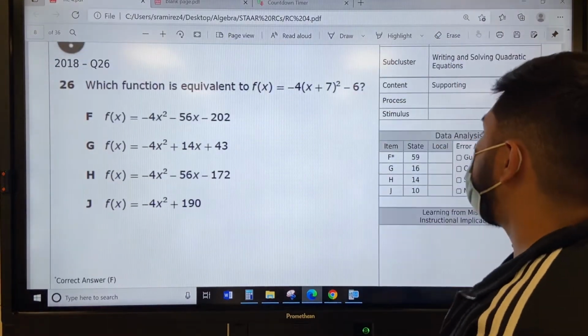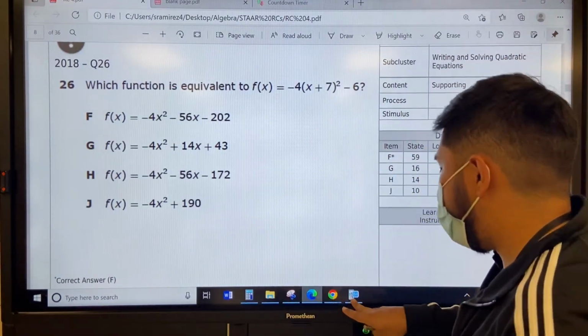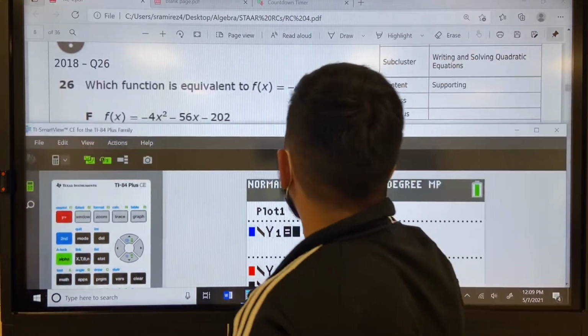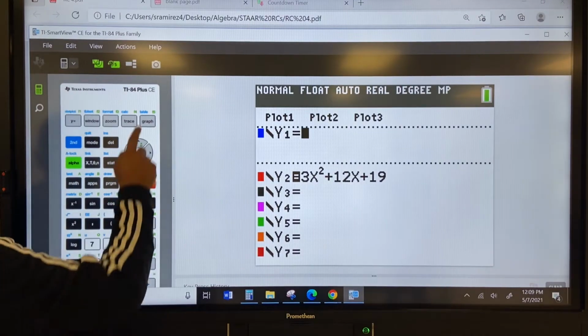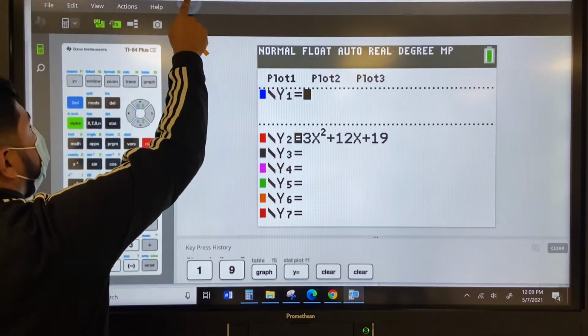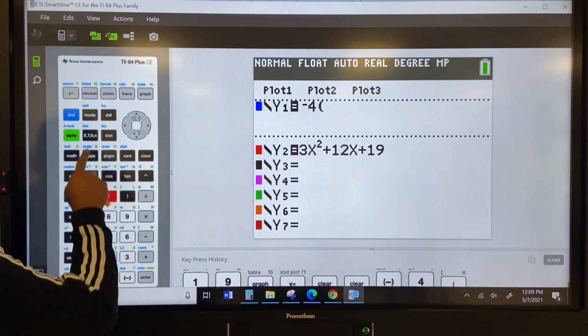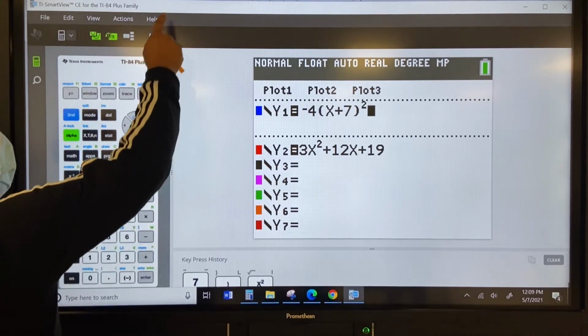Same thing here. You want to put in the answer. You want to see the overlap. Let's check it out. Okay. -4 parentheses x plus 7 squared.